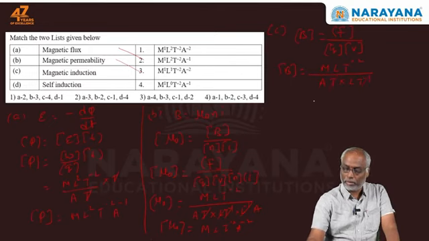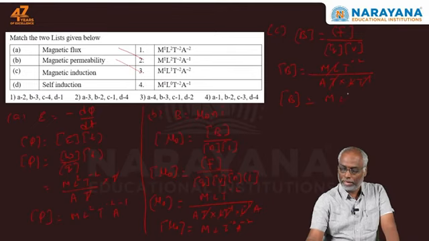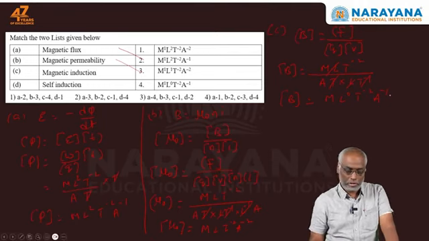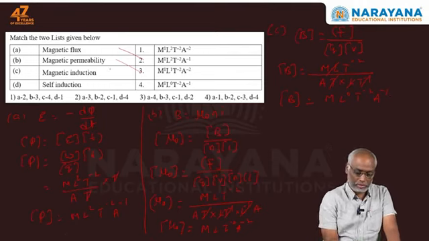T and T^-1 will get cancelled, L and L will get cancelled. The dimensional formula for B is M L^0 T^-2 A^-1. So here this third one, C, matches with 4.